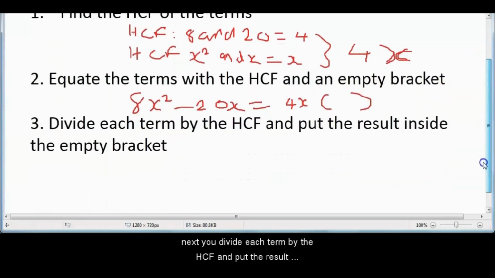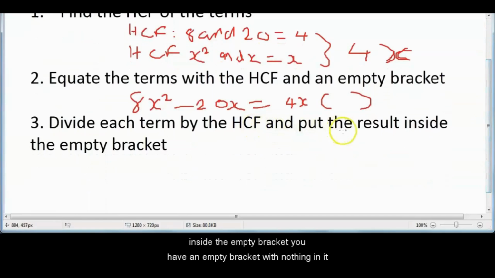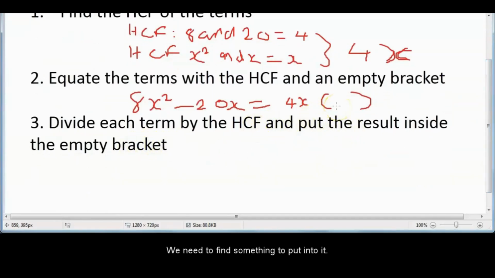Next, you divide each term by the HCF and put the result inside the empty bracket. You have an empty bracket with nothing in it. You need to find something to put into it. How do you get that? Divide each term by the HCF and put the result inside the empty bracket.